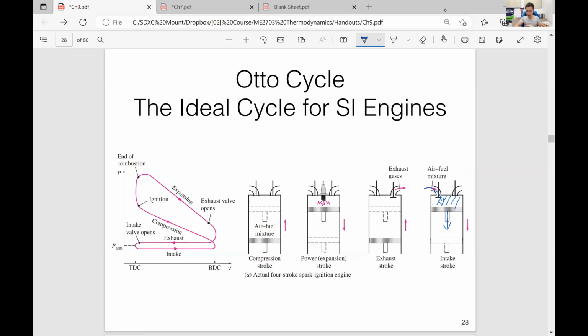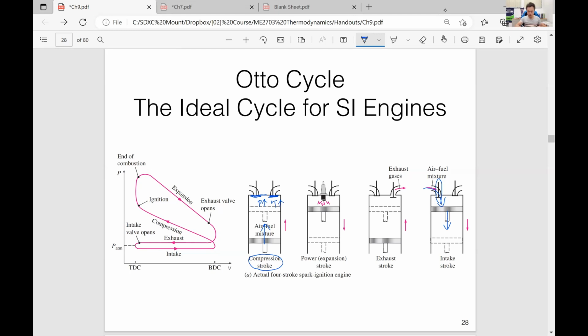Then this valve opens, and the air-fuel mixture is drawn in. Then you close both valves. The compression stroke means the piston compresses the system, so the pressure becomes higher and the temperature becomes higher as well.